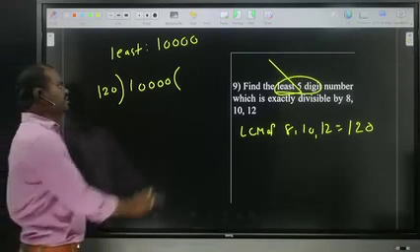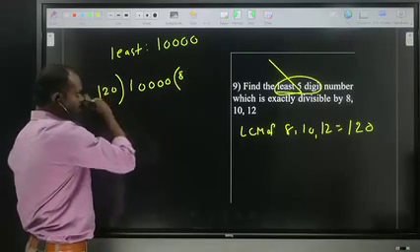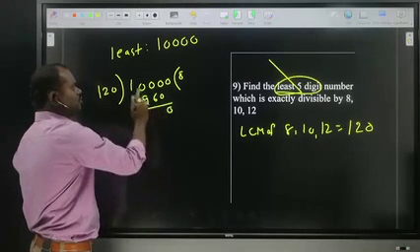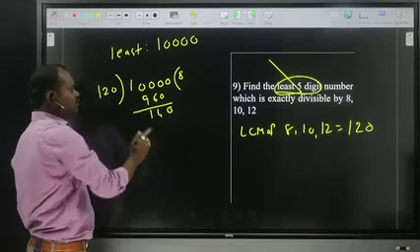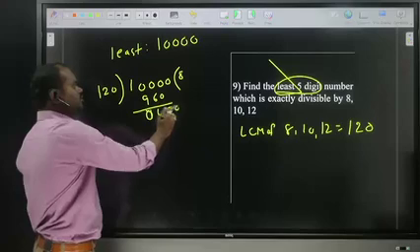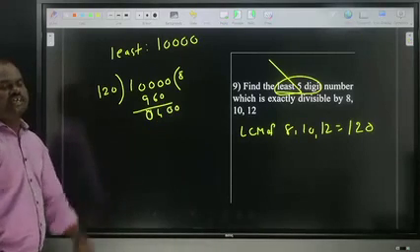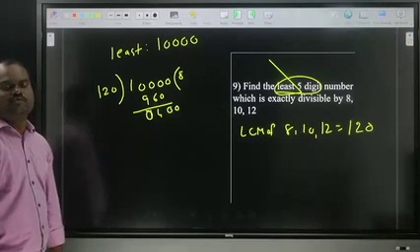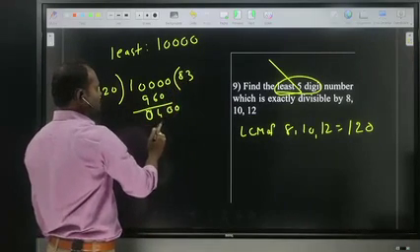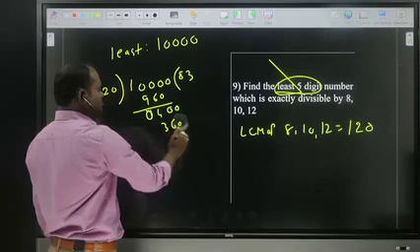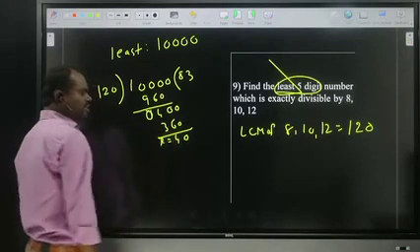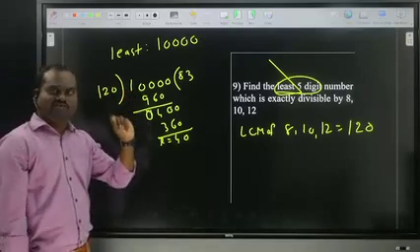Nearly how many times? 128, so much 960. 10 minus 6 is 4, 0, 40, drop the 0. 400 in the 120 table, nearly how many times? 123, so much 360. 0, 40, remainder 40. That means it is not divisible exactly.